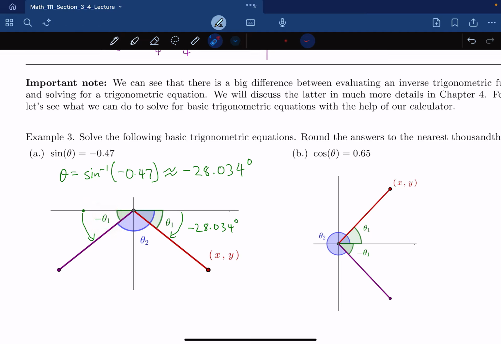But again, I'm starting at pi instead of starting at 0. Now we can see that theta 2, our quote-unquote second answer, is a supplementary angle to negative theta 1. In other words, we can find theta 2 by simply taking pi and subtracting theta 1.